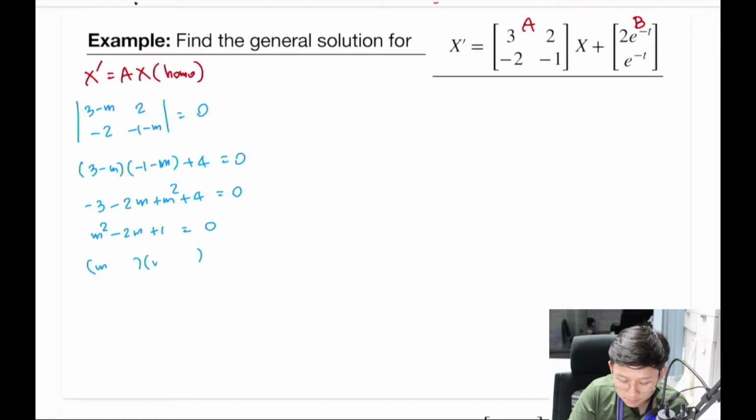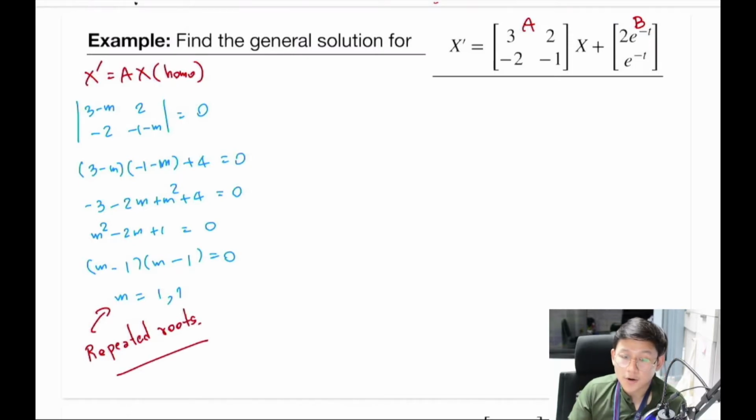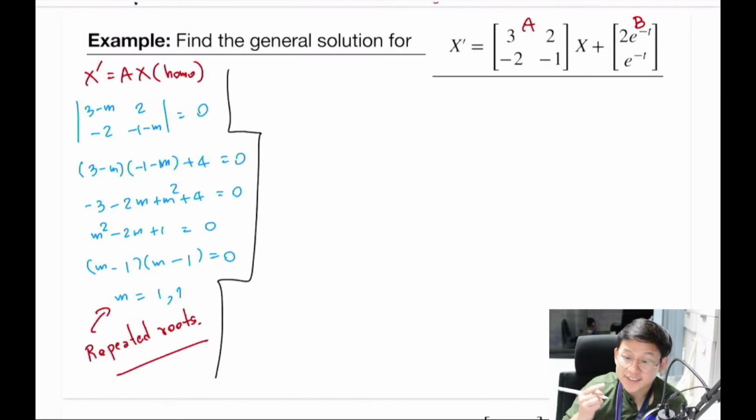And then we get m minus 1 squared equals 0. So m is 1 and 1. And that is the case where we have repeated roots.